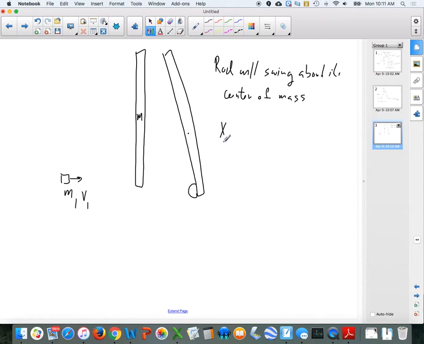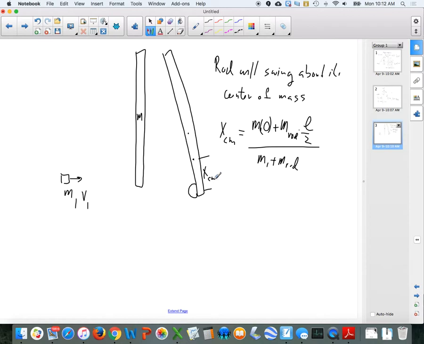So x center of mass is going to be m1 times 0, because it's at one end, plus mass of the rod, L over 2, divided by m1 plus mass of the rod. So that gives me some center of mass distance. I'm going to call that x center of mass.